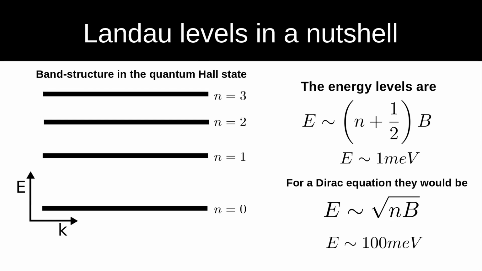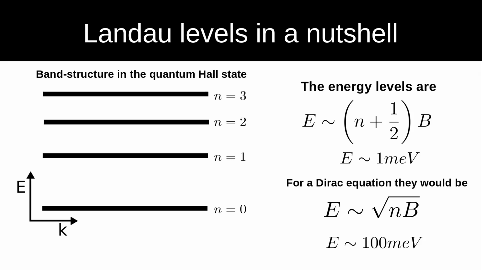If you use the same idea, but now with the Dirac equation, so you no longer assume parabolic electrons, but Dirac electrons, as happens, for example, in the honeycomb lattice, which is, of course, the electronic structure of graphene, then your energy scale is substantially bigger, and depending on how you make the estimate, you get something on the order of 100 milli-electron volts.